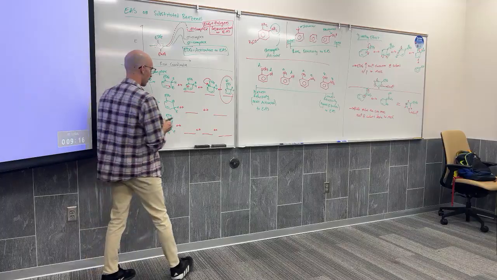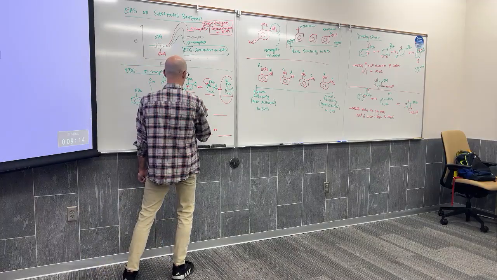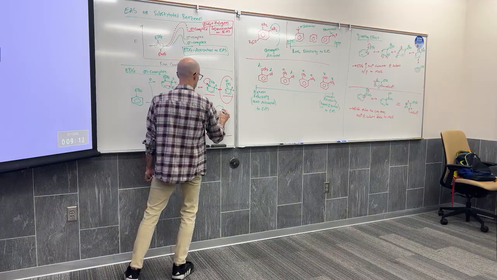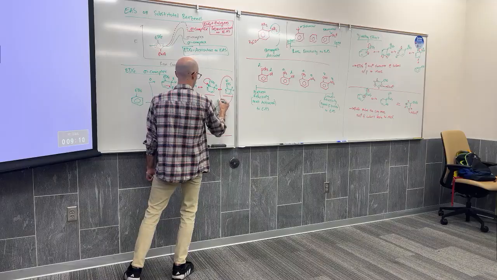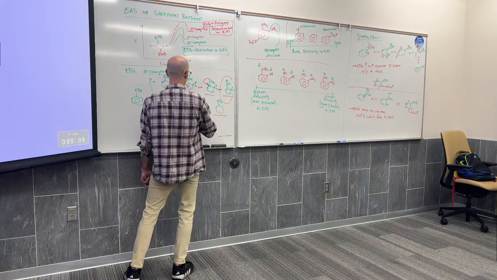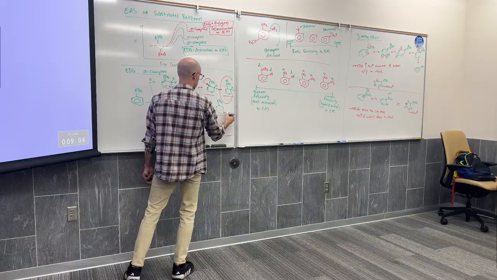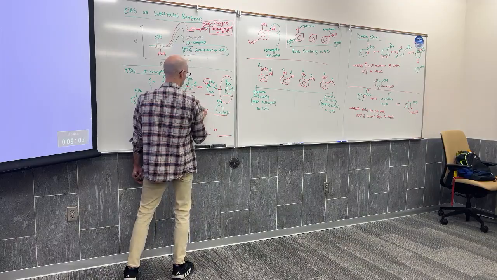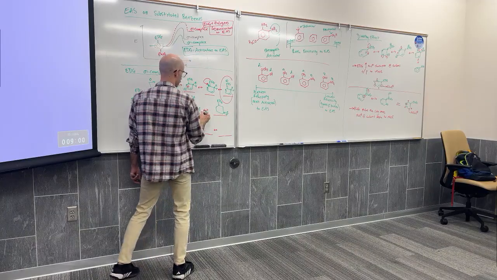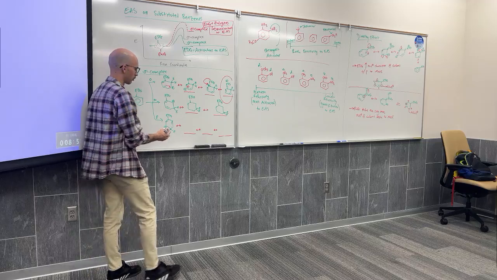Now you can go around on this meta position and you'll find that the carbocation never ends up on the position where the electron donating group is.